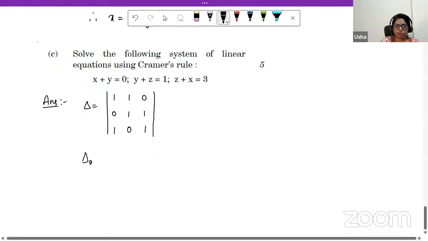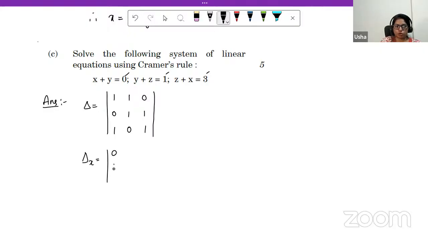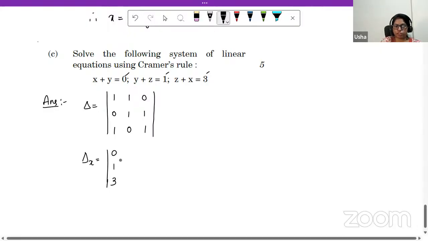Next is delta x. The first column should be replaced with the right hand side values, which are 0, 1, and 3. Second and third column are the same: 1, 1, 0, 0, 1, 1.